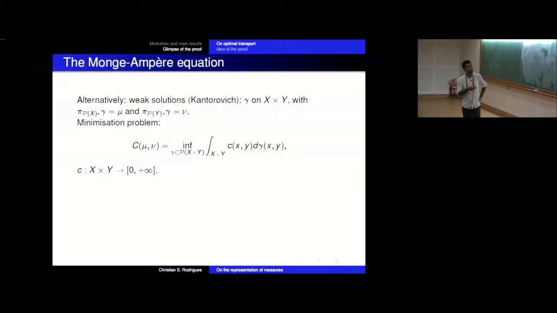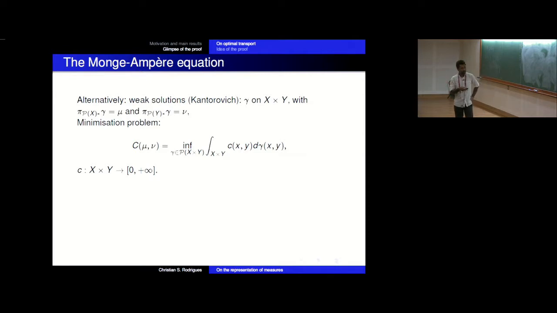But it should be said more precisely that this space here should be the admissible measures on the space. That means that the projection of this gamma into x is equal to mu, and the projection of gamma to y is equal to nu. Okay, this is a way to formulate this.